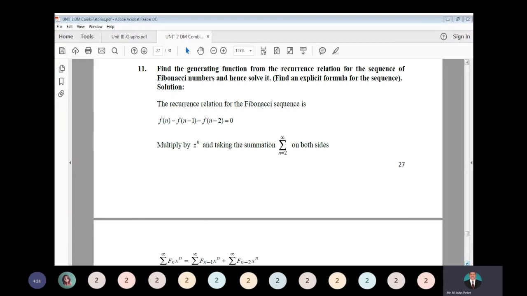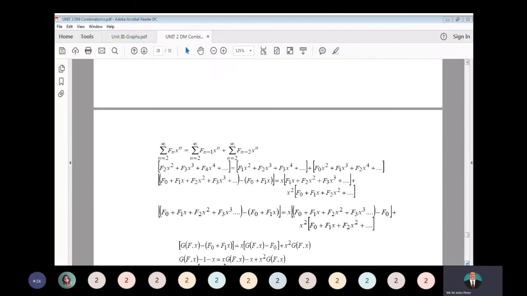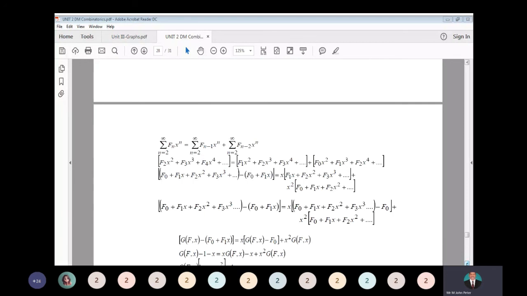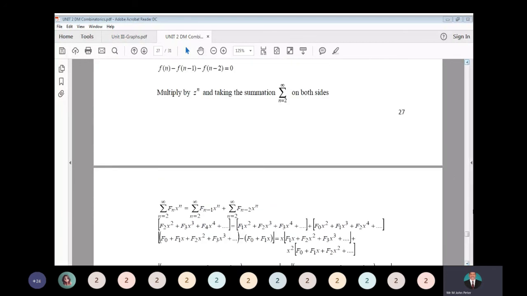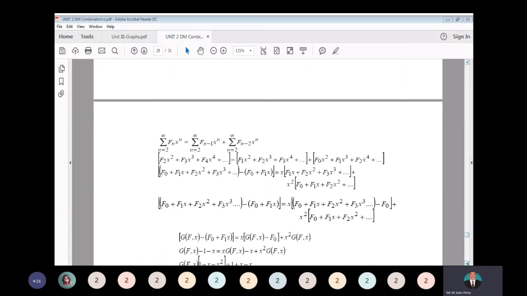Okay, this is a second order equation. So the summation n equal to 2 to infinity of F n x power n equals the summation of F n minus 1 x power n plus the summation of F n minus 2 x power n. For convenience, the small f of n is denoted as capital F n. Don't get confused.